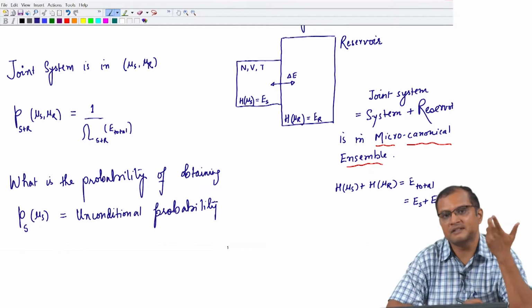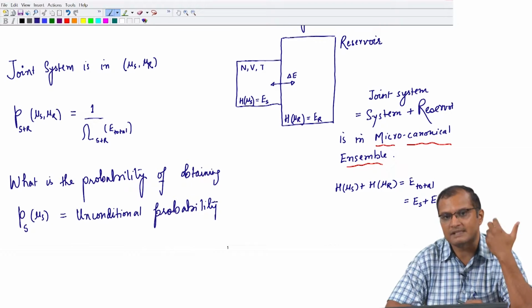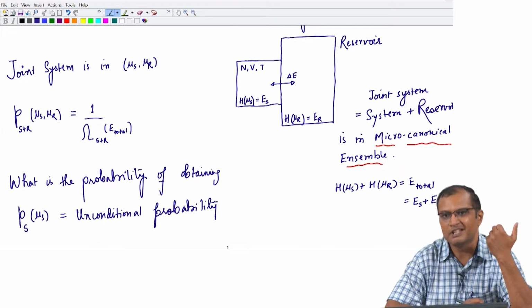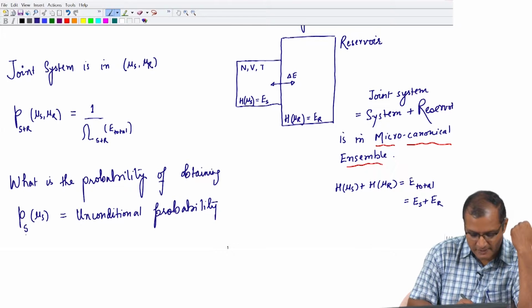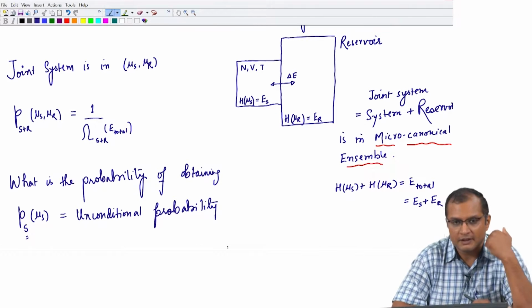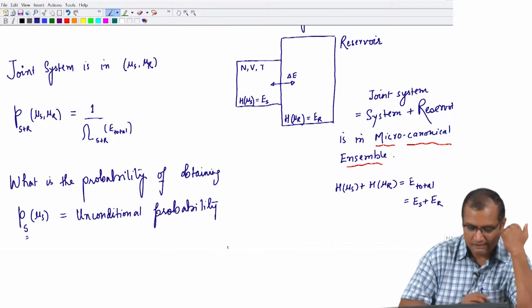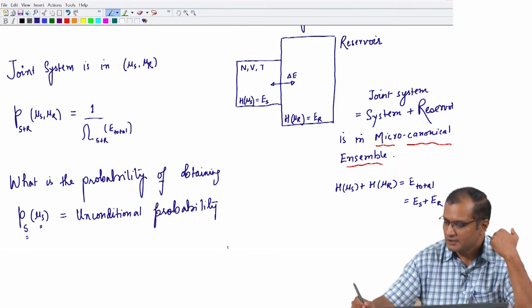that my system is in microstate mu s. I do not care about which state my reservoir is, give me the probability of finding my system. If you look at the subscript, I am just using the subscript S, give me the probability of finding my system S in a microstate mu s, okay.